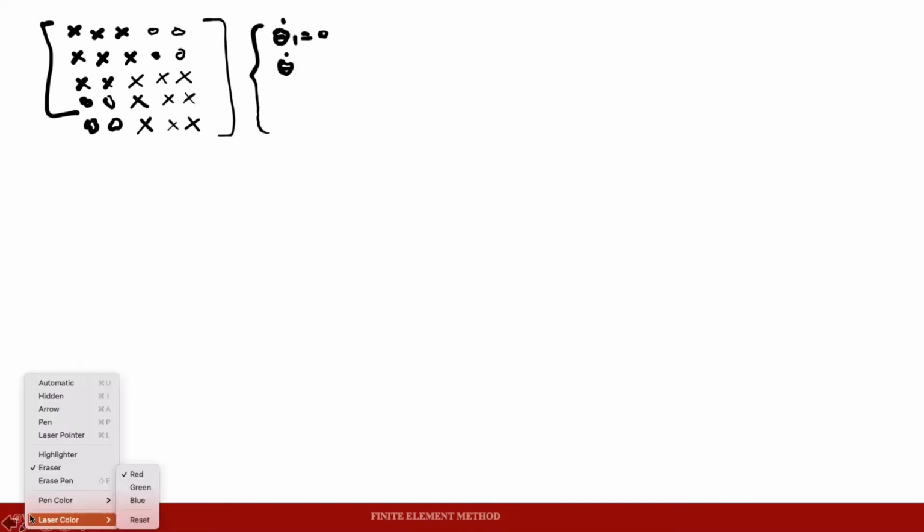With theta 1 dot equal to 0, and theta 5.